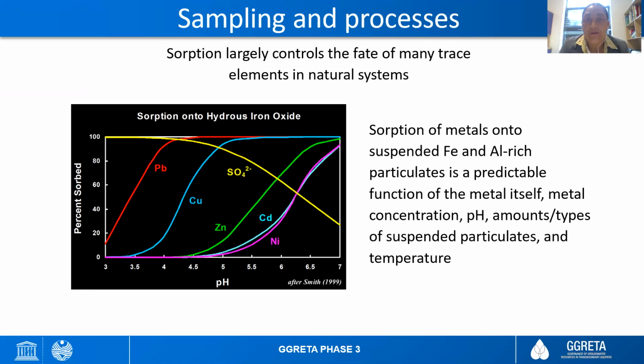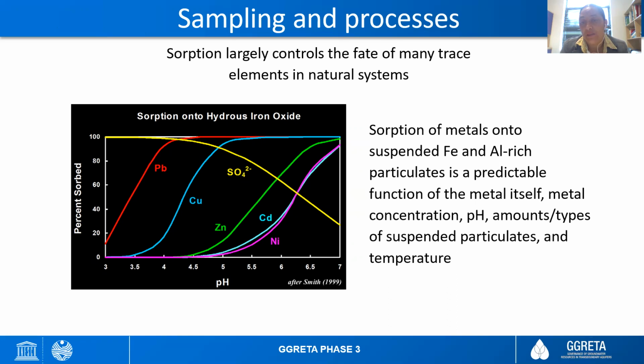When we consider chemical processes, a process like sorption has control over the fate of many trace elements in natural systems.